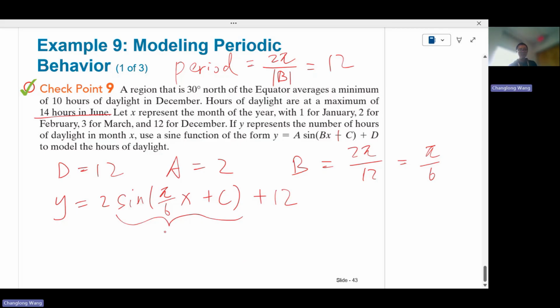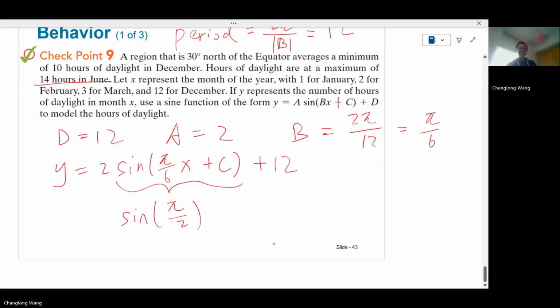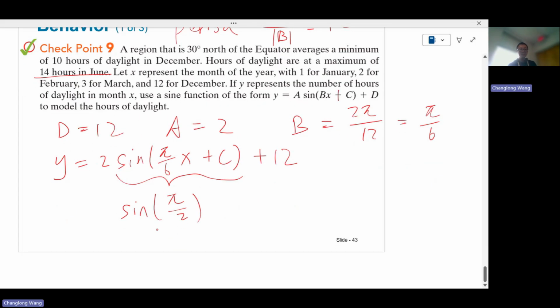That means this whole piece will be 1, but you know that sine of pi over 2 will be at maximum, right? If I take x to be June, which is 6, then pi over 6 times 6 plus some unknown constant C had better be pi over 2.